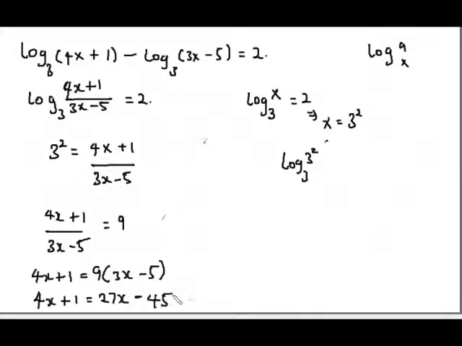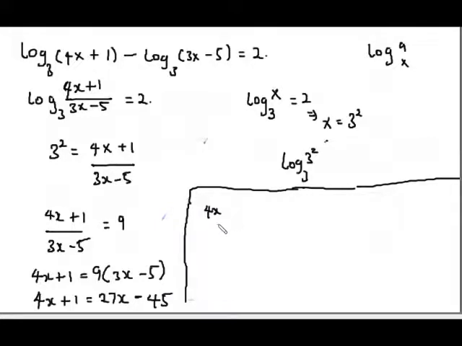Okay, so let's continue here. So we have 4x, moving the 27x to this side, it becomes minus 27x, equals, and then you have plus 1 moving to the other side of the equation, so it becomes minus 45 minus 1.